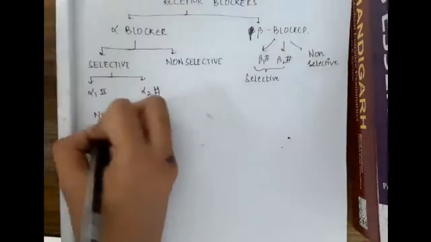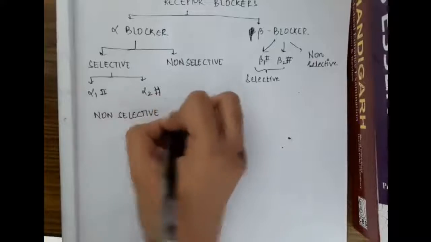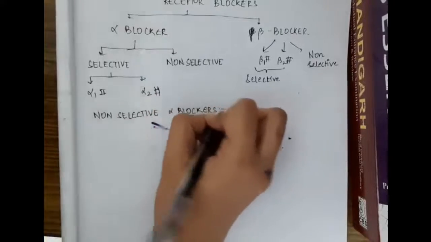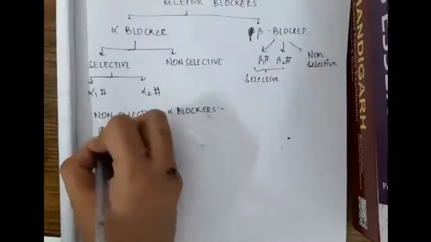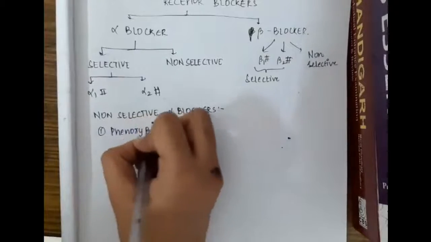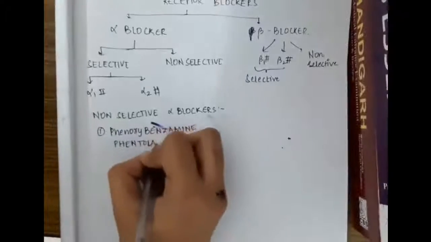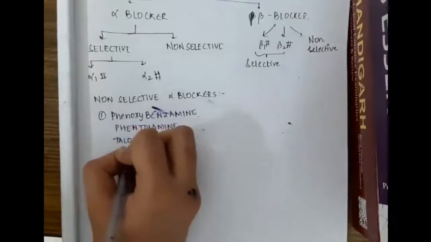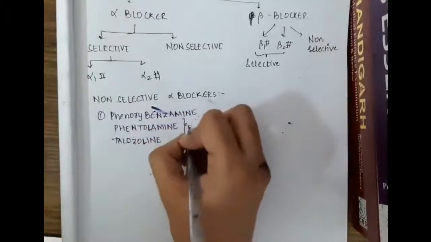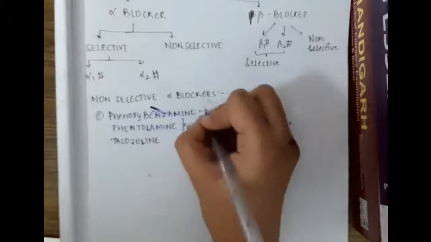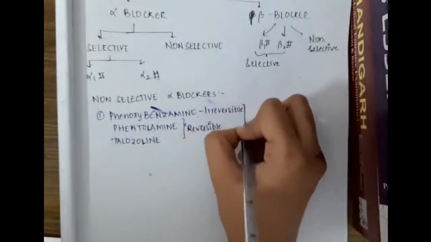In this chapter, we are going to learn about alpha blockers. In the alpha blockers, first non-selective alpha blockers. These include phenoxybenzamine, which is an irreversible non-selective alpha blocker. Phentolamine and tolazoline are reversible non-selective alpha blockers.